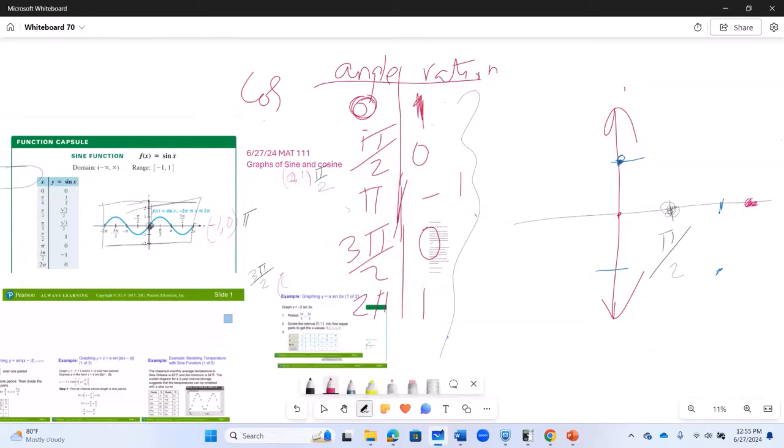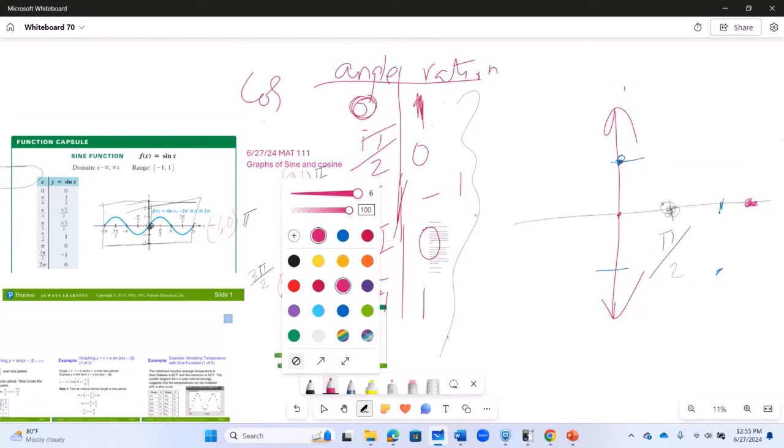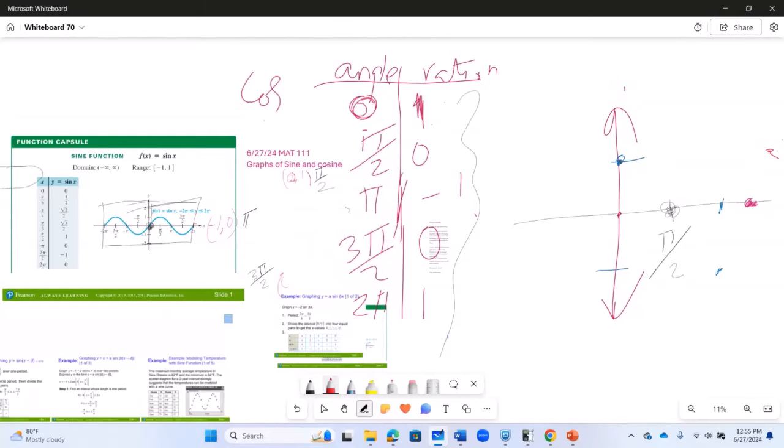So we look at one cycle of my cosine function. I'm going to draw a curve as smooth as I can. All right, so that is one cycle of the cosine curve.